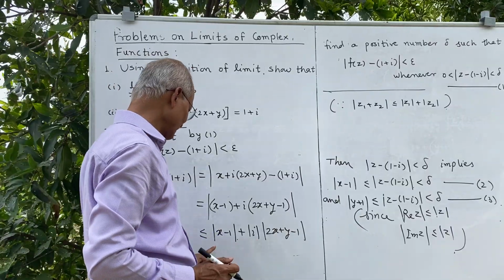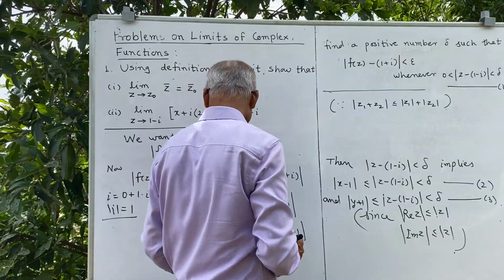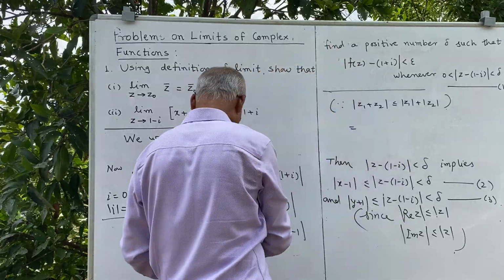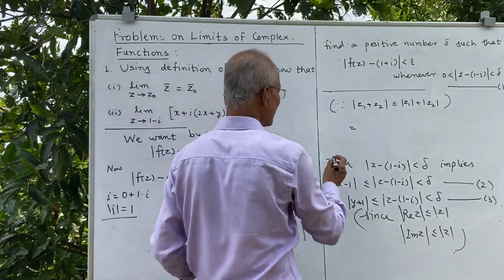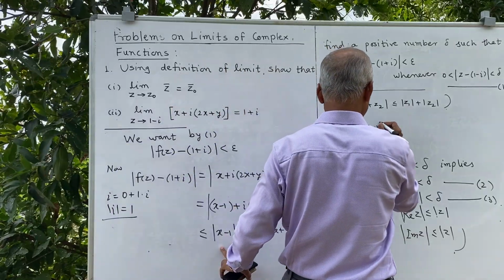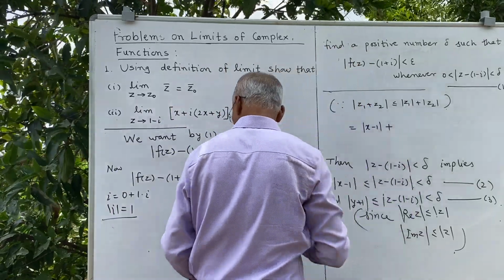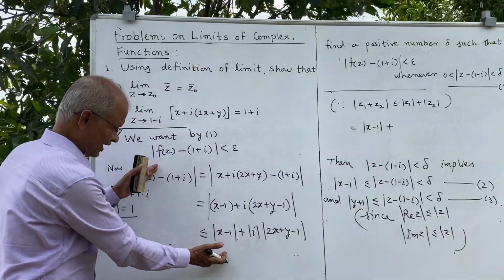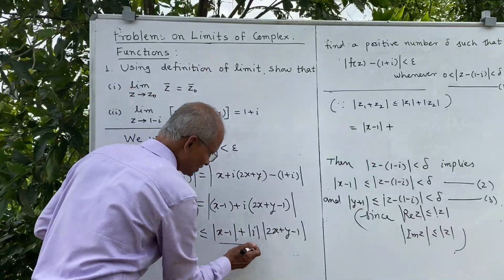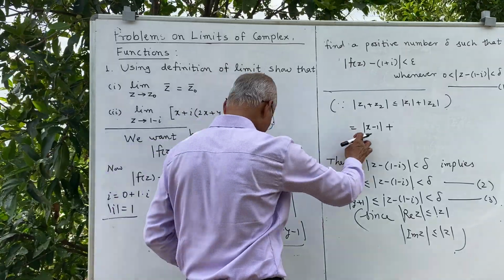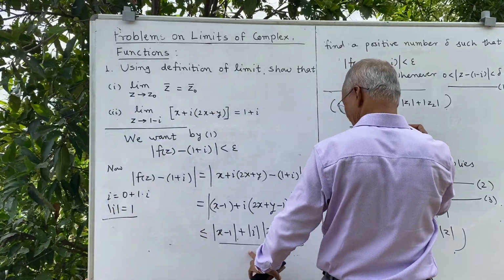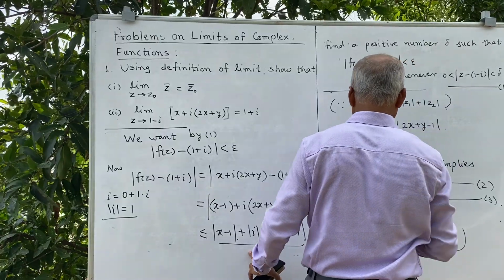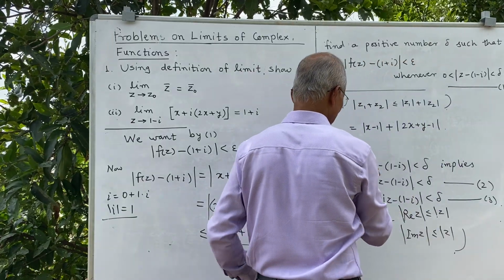So I shall write this relation as equal to mod of x minus 1 plus, though there is a less than or equal to sign between the extreme left and extreme right, and now this expression is equal to mod of x minus 1 plus mod of 2x plus y minus 1.